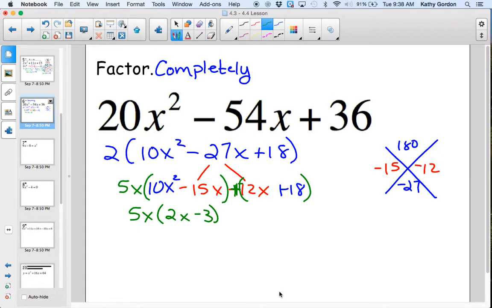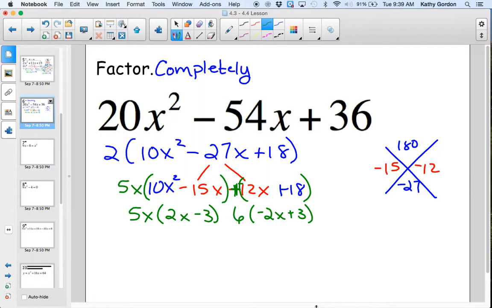Which one would I want? 6. So if I take a 6 out, I have a negative 2x plus 3 left. Does that match? No. So that means I do not have the common factors I need to be able to factor the parentheses out. But it's so close.